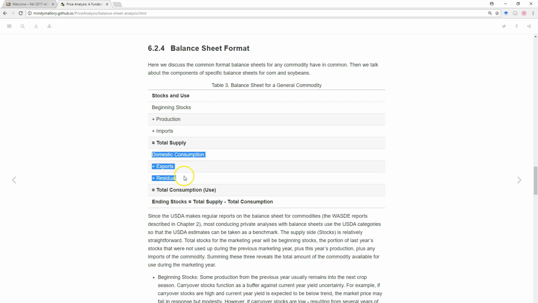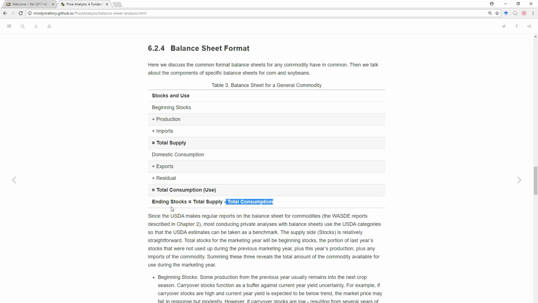So we can sum these 3 rows together and we get total use. Now, a very important number that we get out of a balance sheet analysis is this thing called ending stocks. We basically say to ourselves, okay, of the total that we produced this marketing year, we're going to subtract off the total amount we used or consumed, and that's going to be how much stocks we have left over from this marketing year.